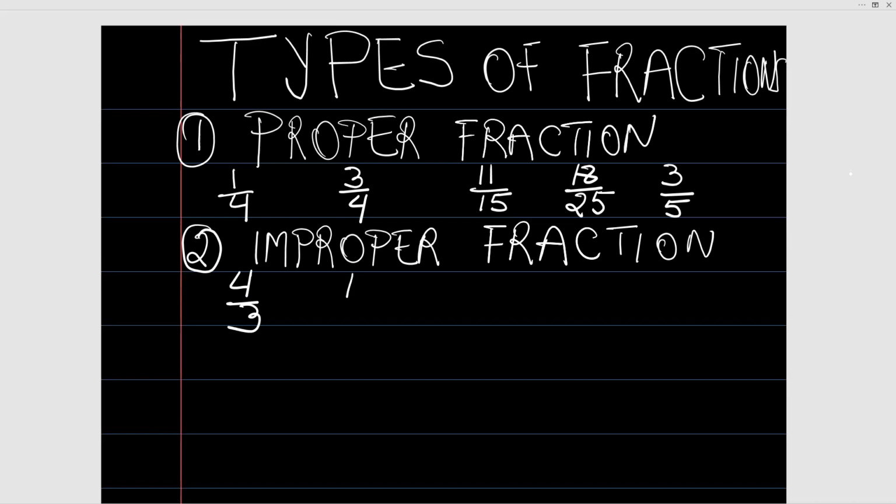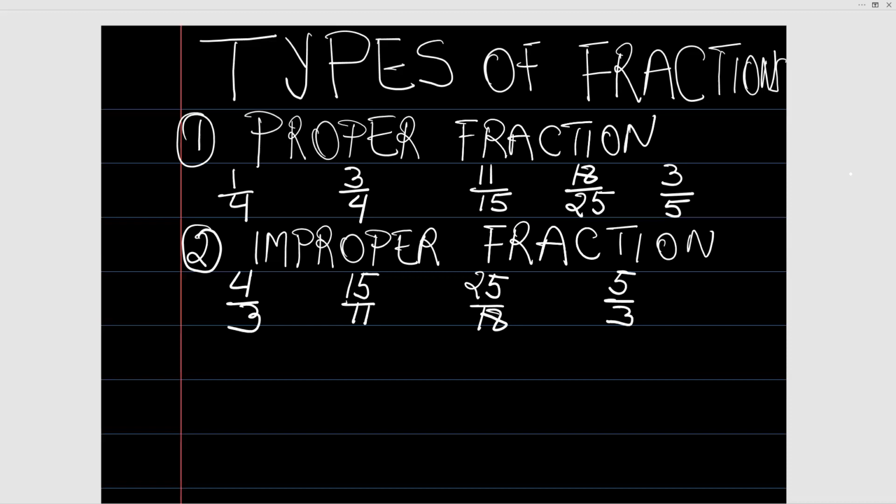When I got 15/11, it's an improper fraction. 25/18 is an improper fraction. 5/3 is also an improper fraction.